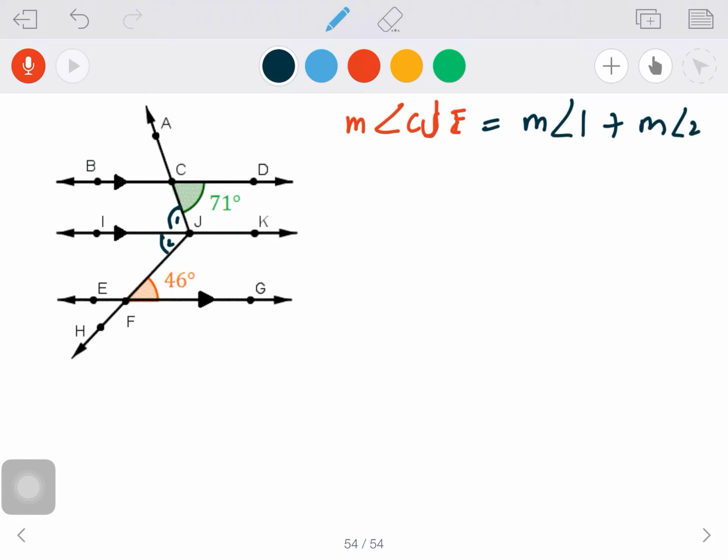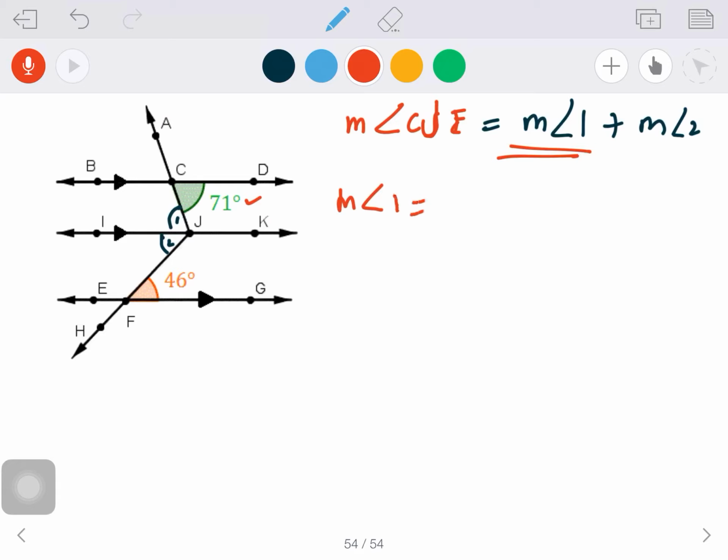Okay, so first I'll ask you this question. Can you find the measure of angle 1 given in this figure that the green angle is equal to 71 degrees? The answer is a resounding yes, of course. What is the relationship of angle 1 and 71 degrees?